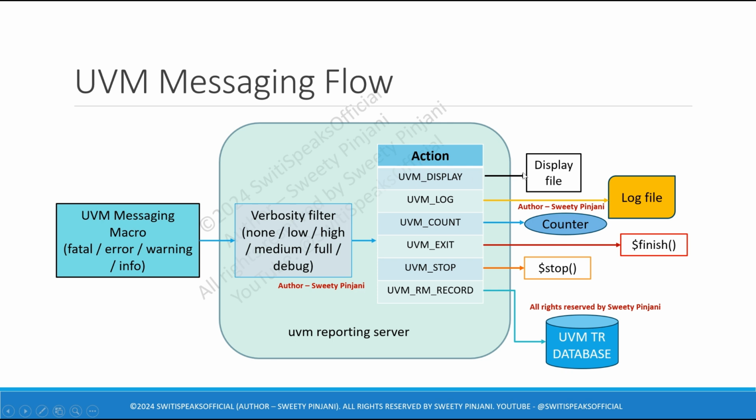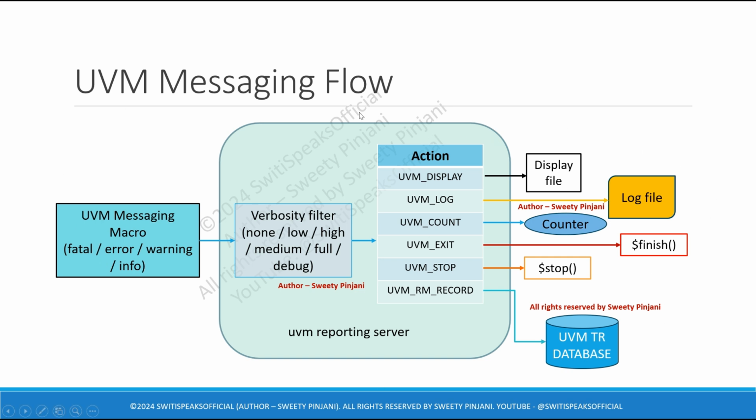Action can be UVM display, which will send your messages to the display file. Log will send to the log file. Count will send it to the counter. Exit will call dollar finish. Stop will call dollar stop. RM record will send your messages to the UVM transaction database. Just remember this diagram.